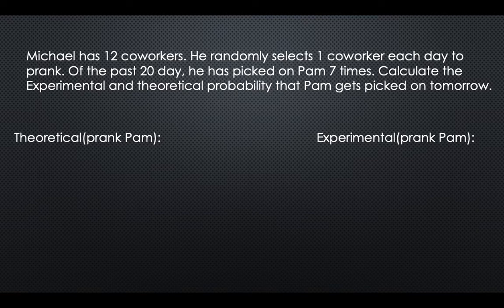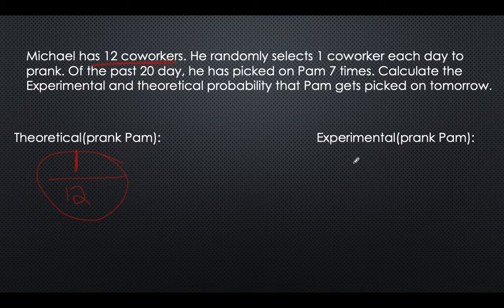Calculate the experimental and theoretical probability that Pam gets picked on tomorrow. So, theoretical, again, that was yesterday's stuff. There's one Pam, so there's one favorable outcome where she gets picked on. And then we list all of Michael's coworkers that he's picking on, which there are 12 of. So that's the theoretical probability, 1/12, that tomorrow Pam gets pranked.